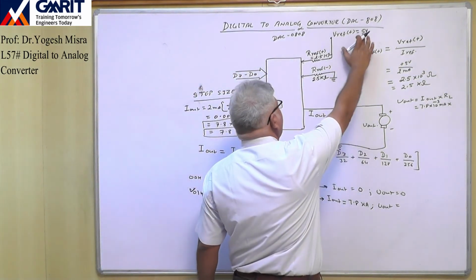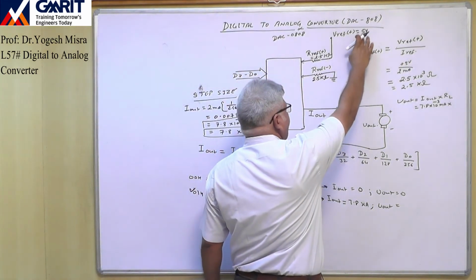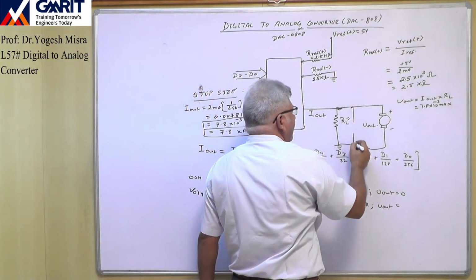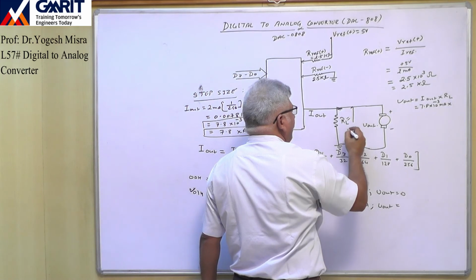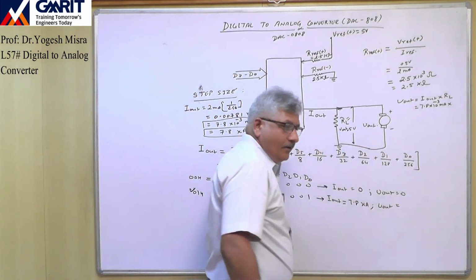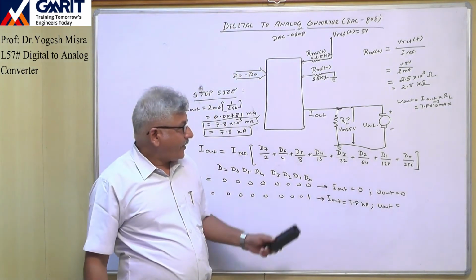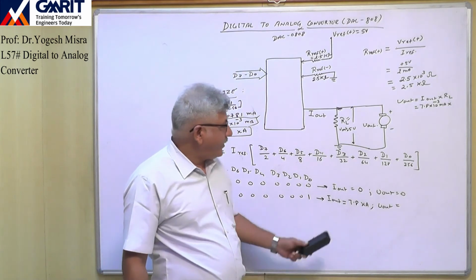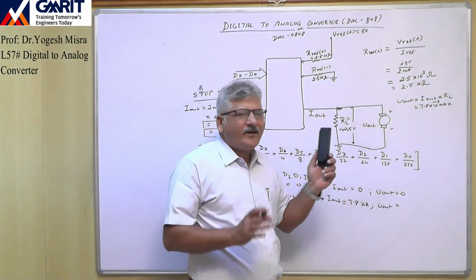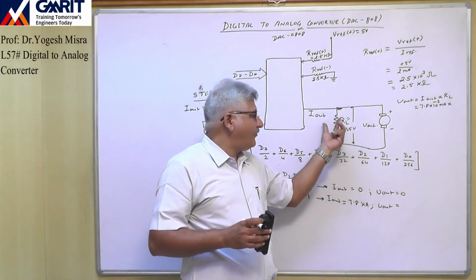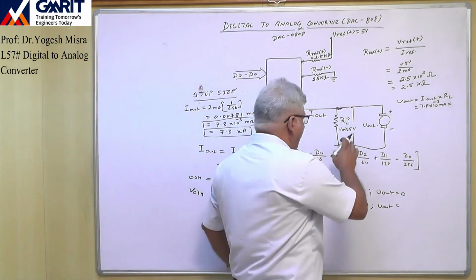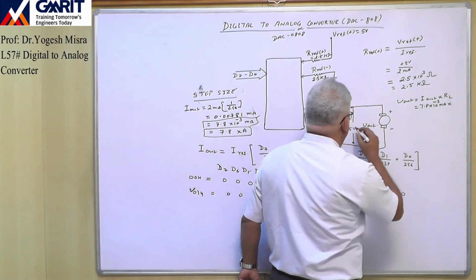Here we have connected V reference as 5, so the maximum output we will get here is 5 volt. This is the V out. So that is the maximum output. Now to get this output, we have to select the value of one resistor.